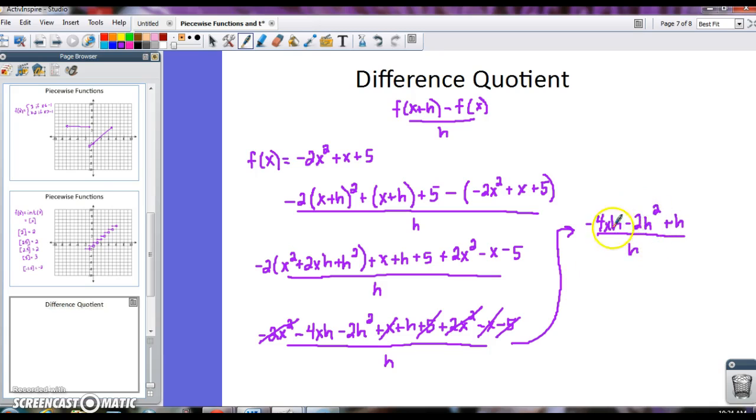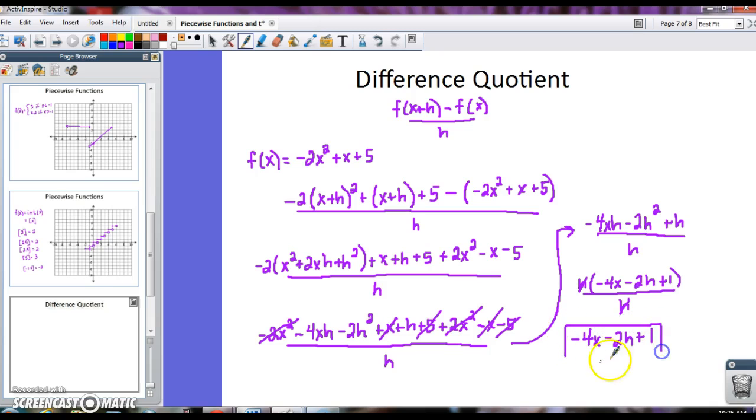And now I can go ahead and I can factor out an h because I do want to simplify this. So I have h times negative 4x minus 2h plus 1 over h. Those h's are going to cancel, and so I'm left with negative 4x minus 2h plus 1.